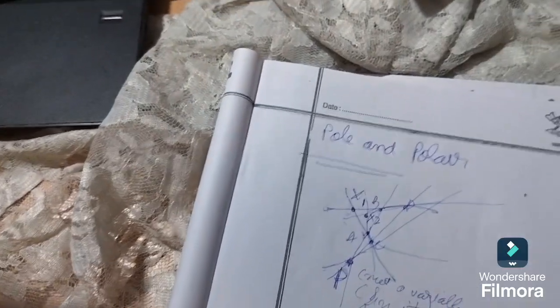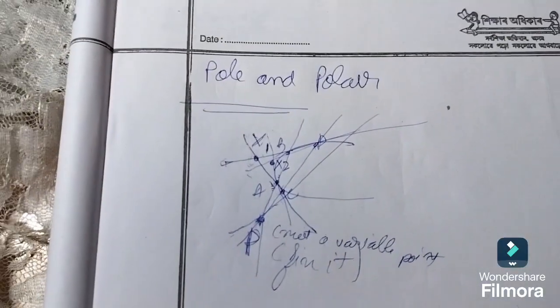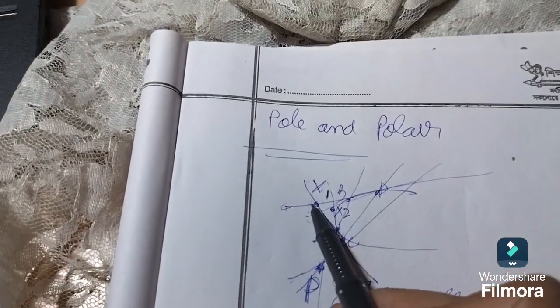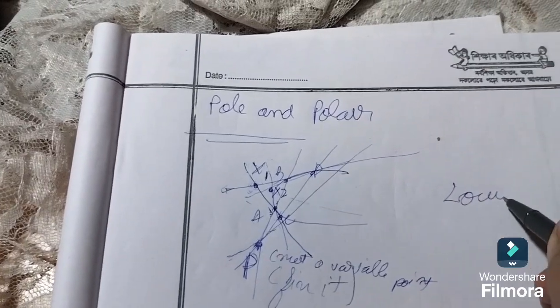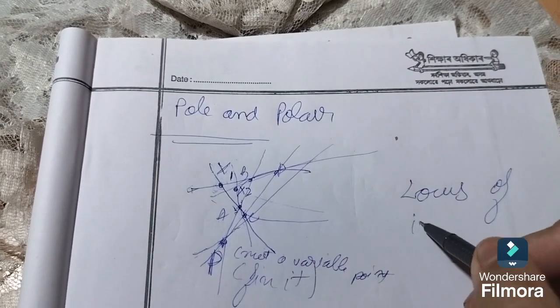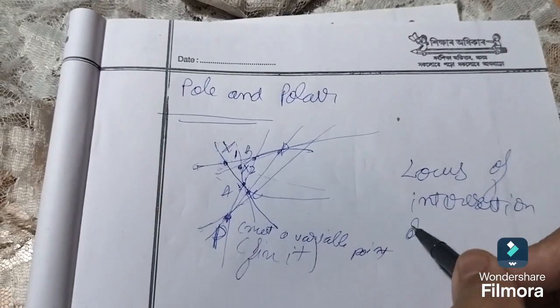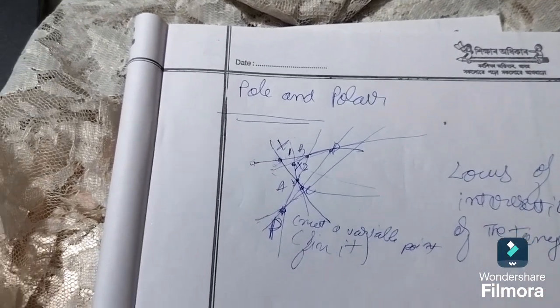This you agree, right? Now the same question I have with respect to the condition: what is the path followed by the point, that is the locus of intersection of the tangents. This is what I want.